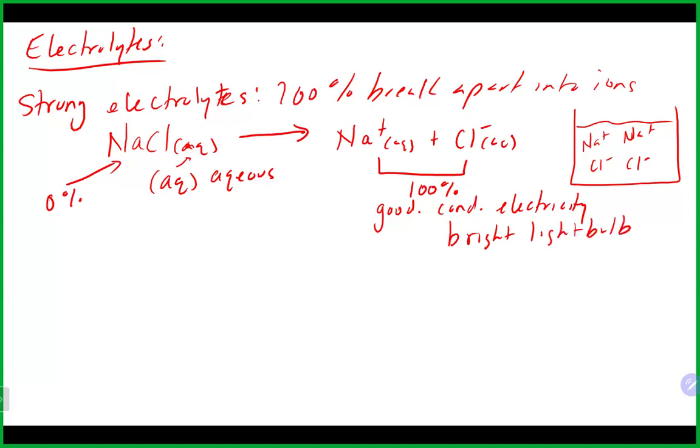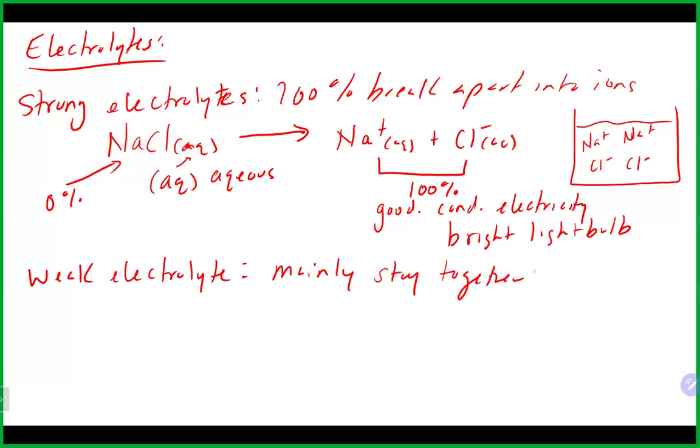Now, that is different than a weak electrolyte. A weak electrolyte will mainly stay together, but it will produce some ions.